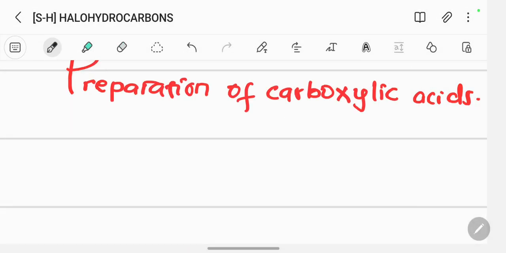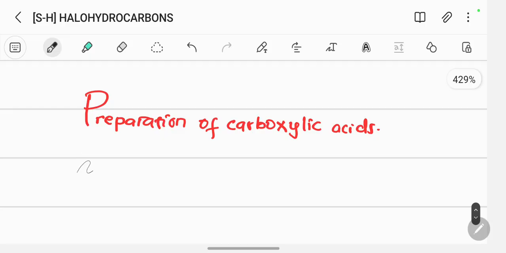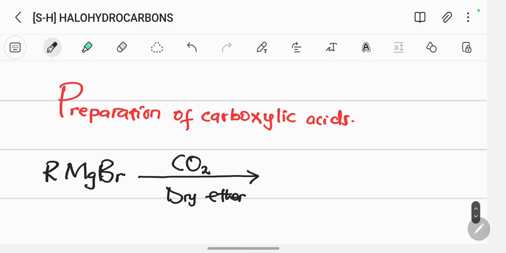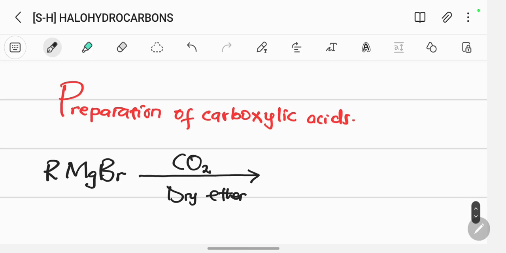Remember, we are still handling Grignard's reagent. So if I'm having my Grignard reagent as this, then I add in carbon dioxide and dry ether. What do we form? This is what Grignard does.